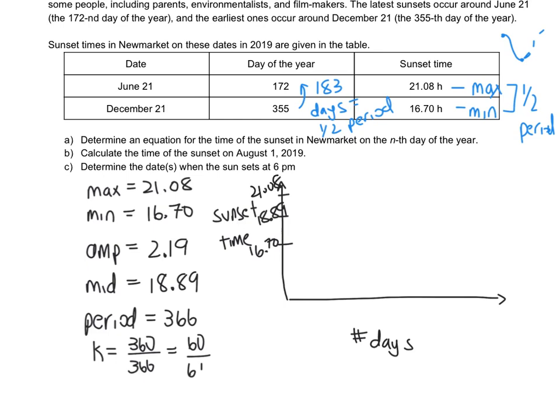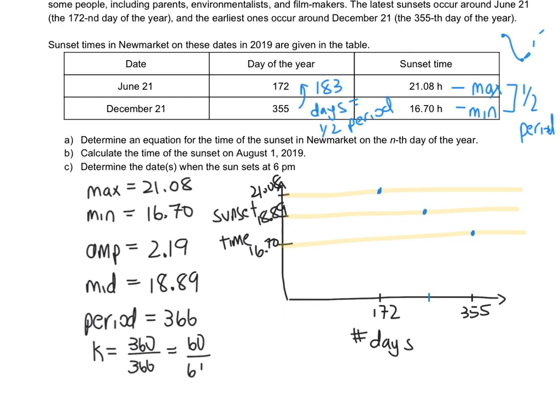And then we know that the maximum occurs on day 172 and the minimum occurs on day 355. So I can just roughly plot those. Not very accurate, but just to get an idea. So here's the maximum, here's the minimum, and I know halfway between those would be my midline.